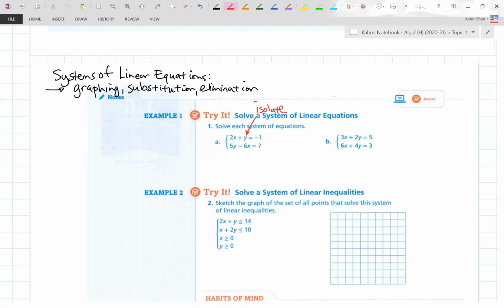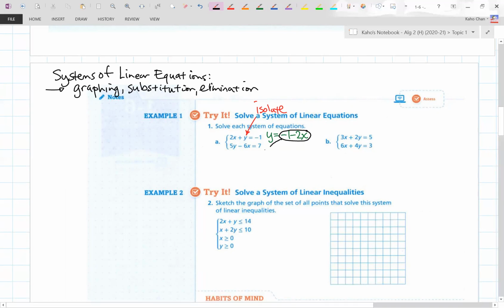I'm going to move the 2x to the other side. To do that, I need to subtract 2x. So that is what y equals: -1 minus 2x. I'm going to use the technique of substituting in for y in the second equation.